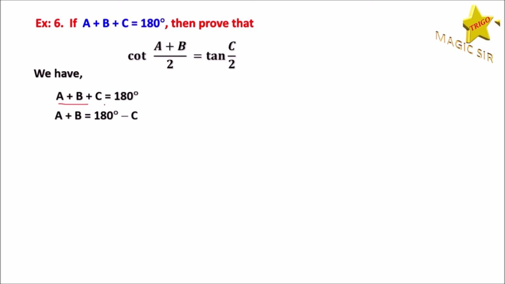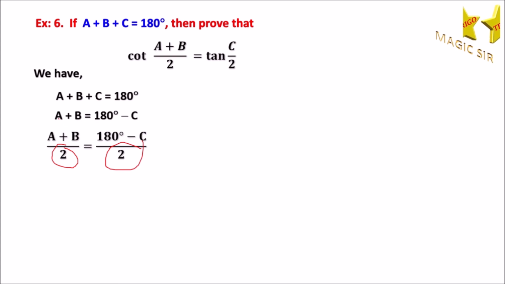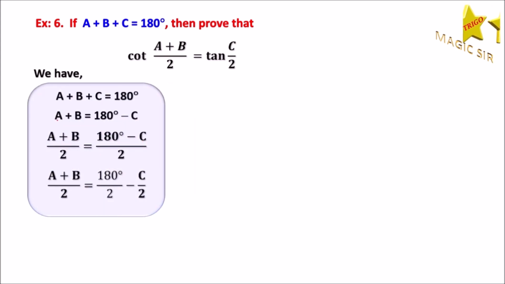Therefore, A plus B is equal to 180 degrees minus C. Dividing both sides by 2, we get A plus B upon 2 is equal to 180 degrees minus C upon 2.